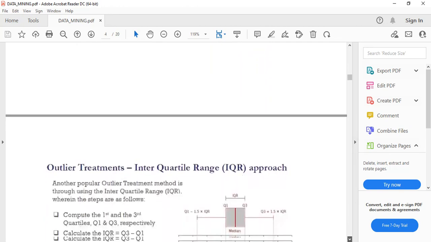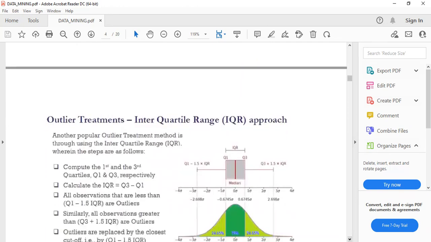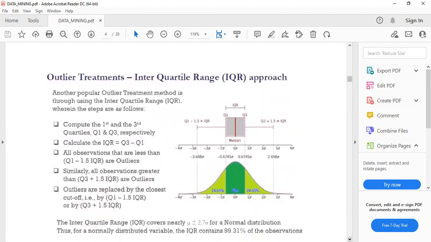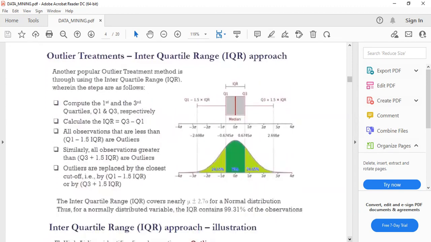Then outlier treatment can be done using the interquartile range approach.